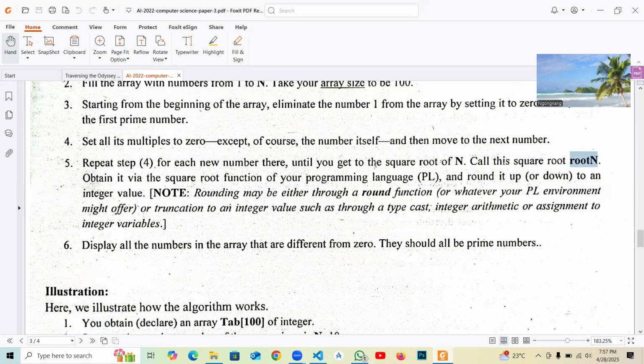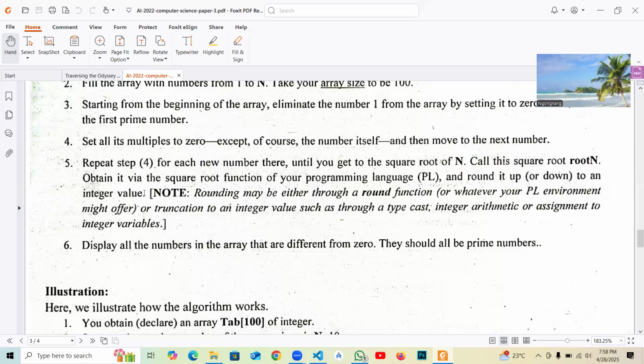So when they say we should go up to root n, what does that mean? It means the square root of n. If our n is 20, we are going to locate the prime numbers from 1 to 4, because the square root of 20 is around 4 point something. And so they say obtain it via the square root function of your programming language, and then round it up or down to an integer value.